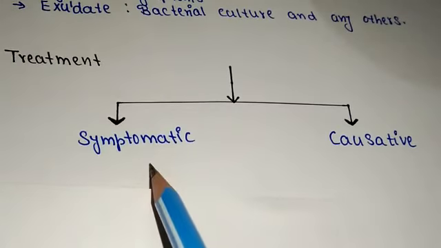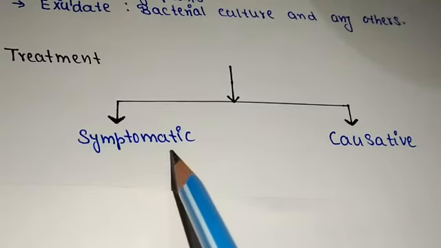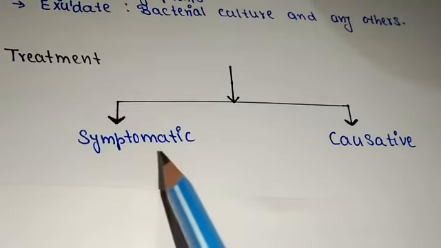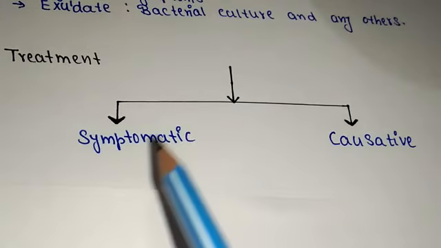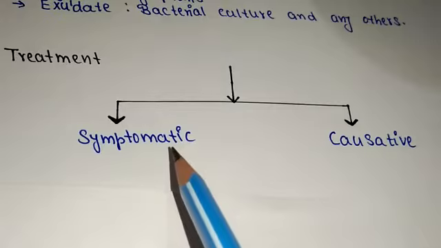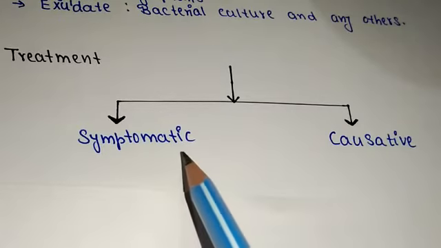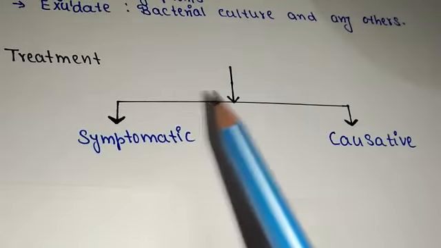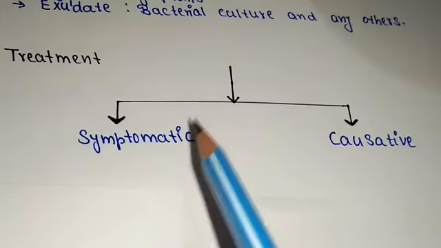And we can provide gargles with warm water. And next, avoid irritants, those things that are irritant to the patient should be avoided. And provide rest and soft foods in symptomatic treatment, and then we can treat the patient easily in tonsillitis.